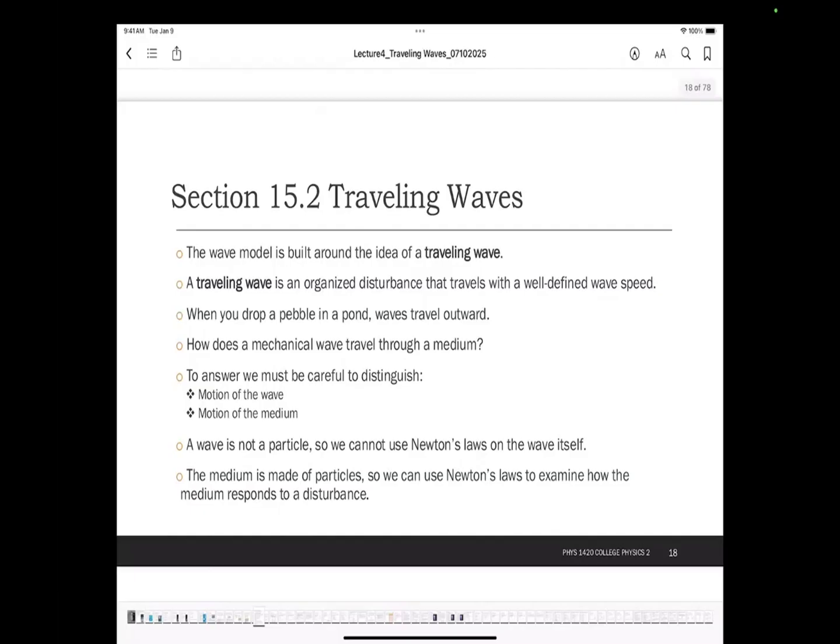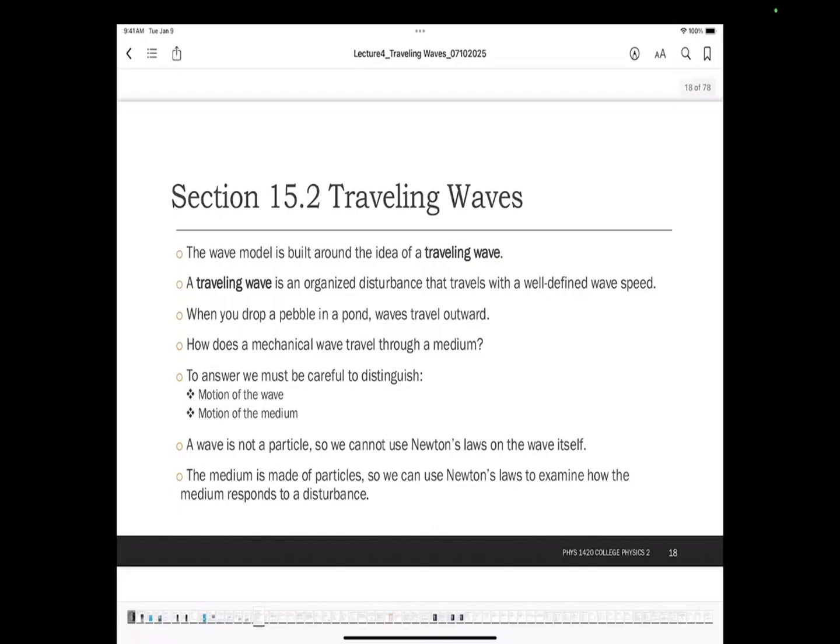When you drop a pebble in a pond, waves travel outward. How does a mechanical wave travel through a medium? To answer this, we must be careful to distinguish the motion of the wave and the motion of the medium. Yeah, there are two different things.